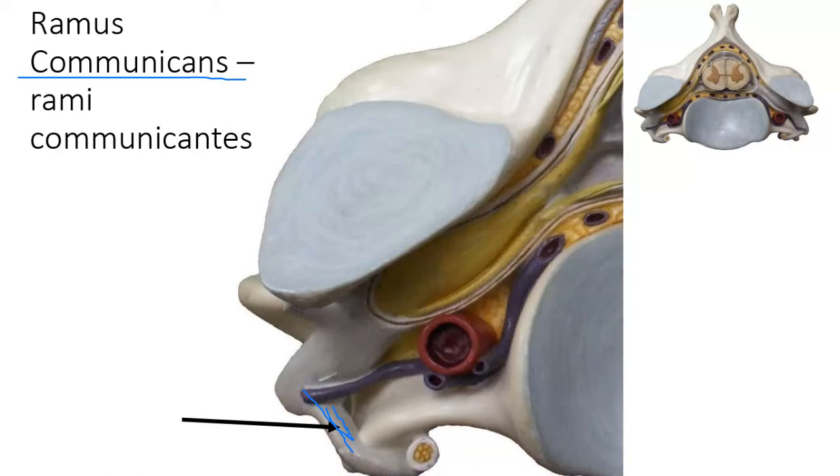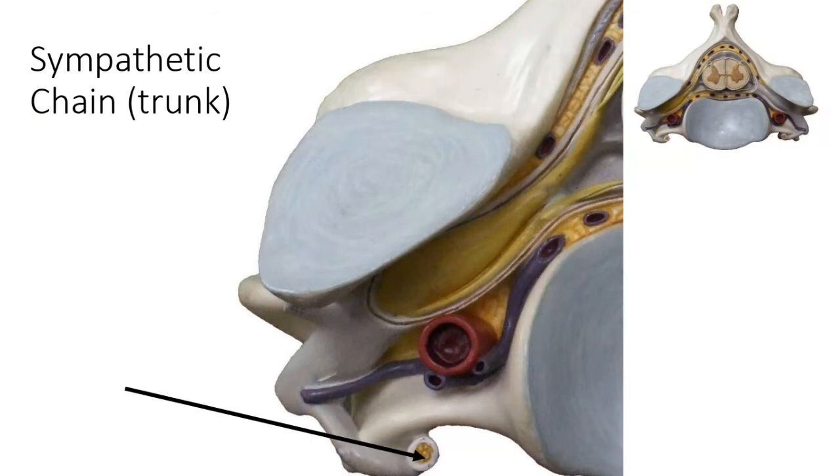And finally, the last one here is the sympathetic trunk or the sympathetic chain. Remember, we saw last week the anterior posterior view, so we saw it running up and down. This is a transverse one, so we've just cut into it. But it's the rami communicantes that will connect the sympathetic trunk to the spinal nerve.